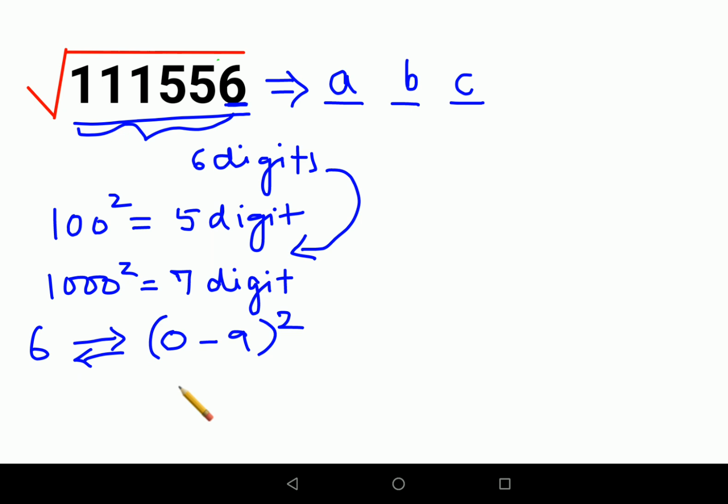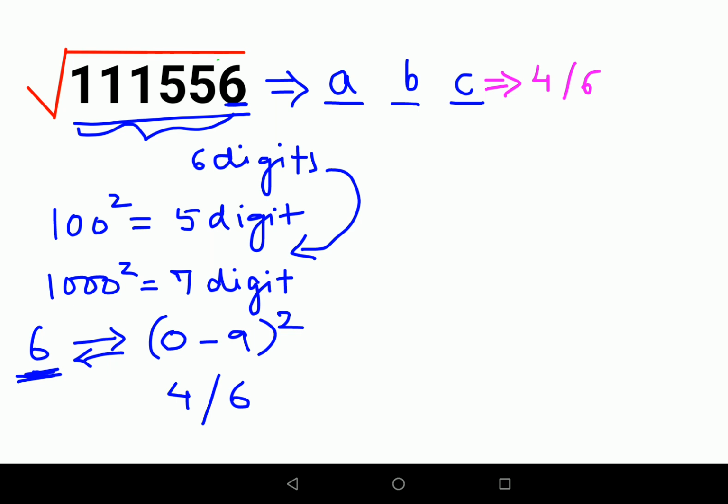You will realize that either 4, because 4 squared is 16, or 6, because 6 squared is 36. Again the last digit comes out to be 6. So the value of C will be either 4 or 6. Till now we could figure out this much.